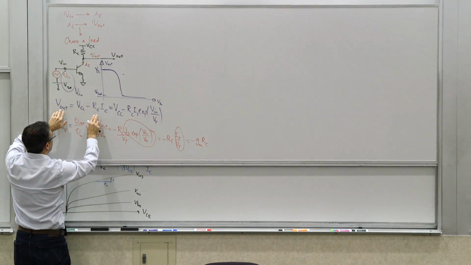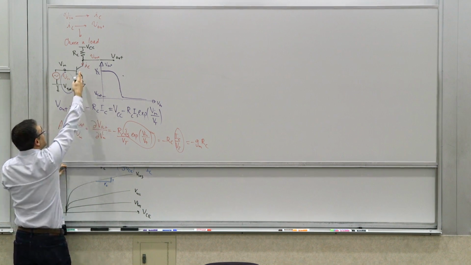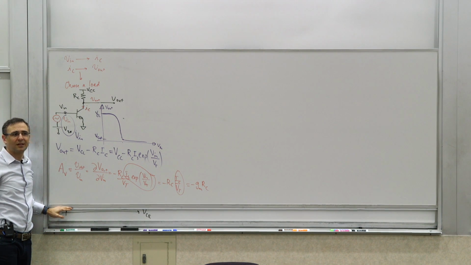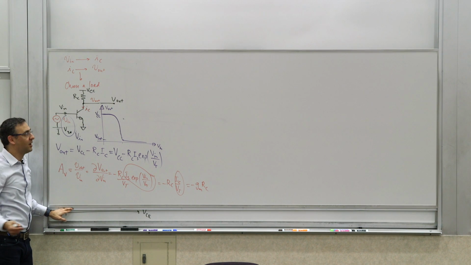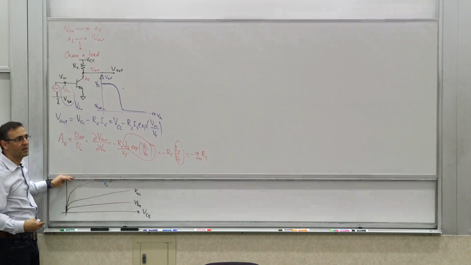It's this equation. This relates IC versus V out. But remember, what is V out? How is V out related to VCE of the transistor in this stage? The collector emitter voltage of this transistor is V out, right? It's this voltage. That's by definition the large signal, the full nonlinear V out.